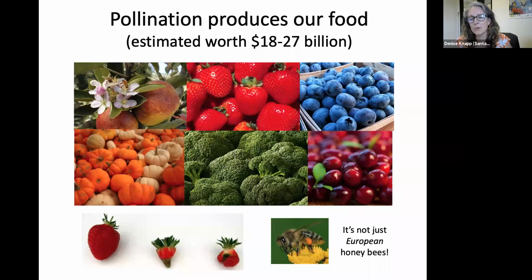And I don't know about you, but I want to eat the strawberry on the left. And it's not just European honeybees, which is what most people think of when they think of bees and insect pollinators. I highlighted that these are European species and that they're actually an invasive species that has impacts on our native bees, of which there's about 1,600.